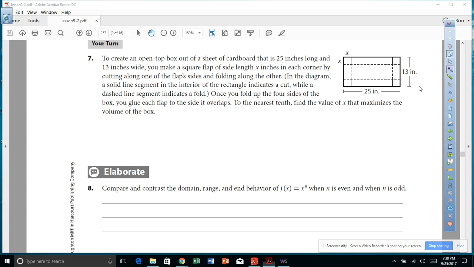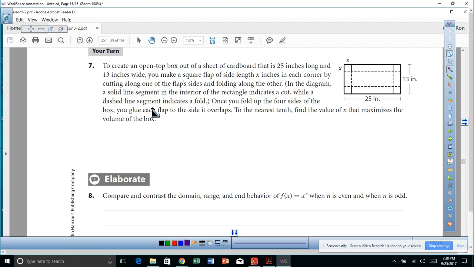So that's going to be a lot like last time. You're going to have 25 minus 2x, and 13 minus 2x, and then the height is just going to be x. So 25 equals 2x gives 12.5 equals x.